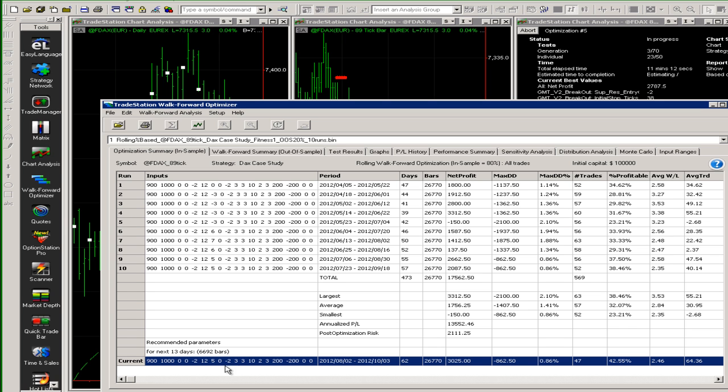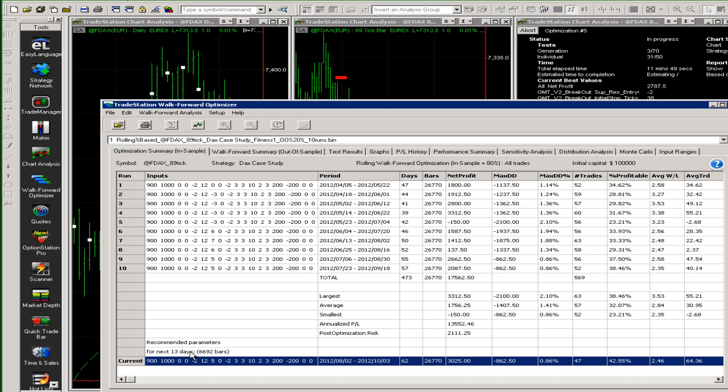But it's recommended that in the next 13 days you run another walk forward analysis. So it's saying you should be testing this again in 13 days based on the sensitivity of this. It gives you a bit of a guide as to how frequently you should be optimizing. So optimize in 13 days, and that'll keep your system highly calibrated and working as it should.